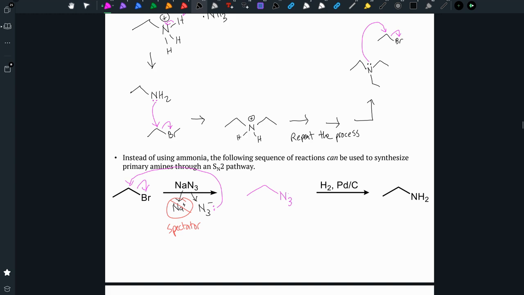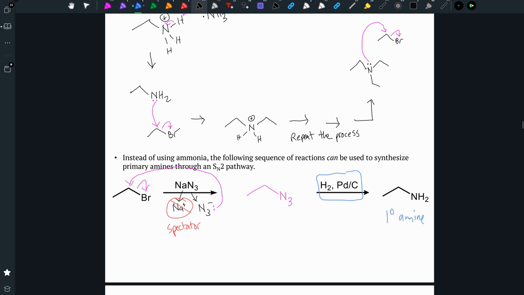And it turns out that our old friend H2 and palladium, which we saw can hydrogenate an alkene, is a very versatile set of reagents, and this will turn your azide into a primary amine.